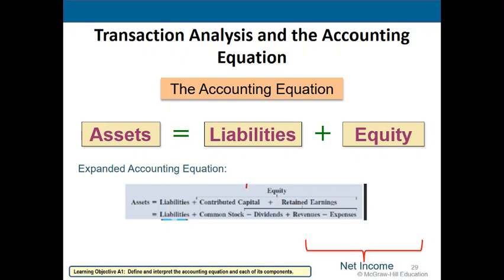Well, when revenues for a certain period are more than expenses for that period, then you have net income, and any net income that's not paid out in dividends to shareholders becomes retained earnings.